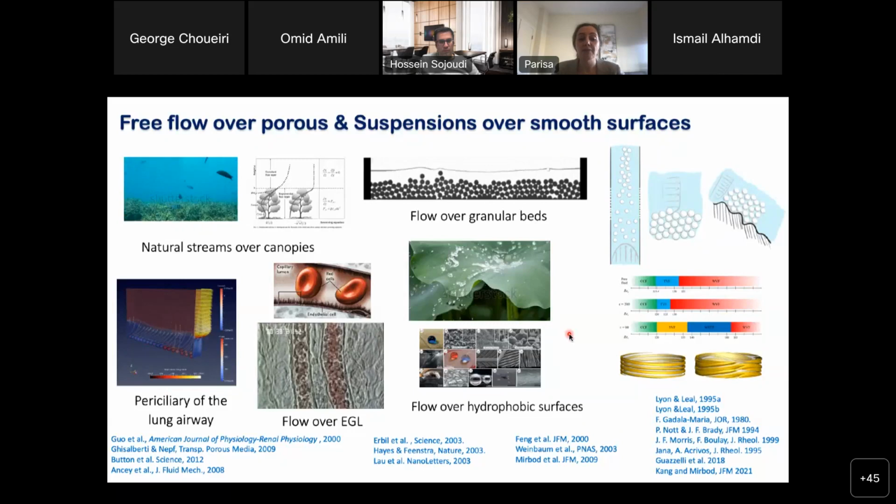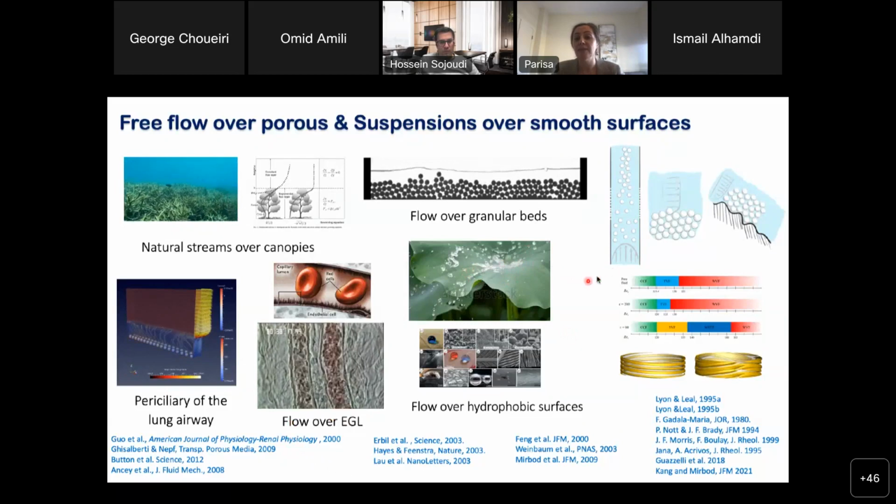And also, where I did my PhD, I was specifically working on red blood cells and the flow over the endothelial glycocalyx, of which you could see some samples here. Even the flow over granular beds and flow over superhydrophobic surfaces have been investigated by a lot of researchers.